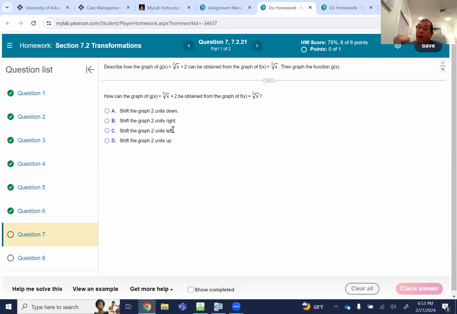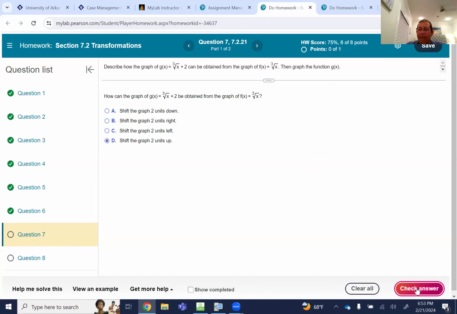Now, remember that last problem I did, everything was under the radical. We went left or right. This 2 is on the outside, so y'all need to think vertical. And on a vertical, we go up 2 units. So that'd be D.